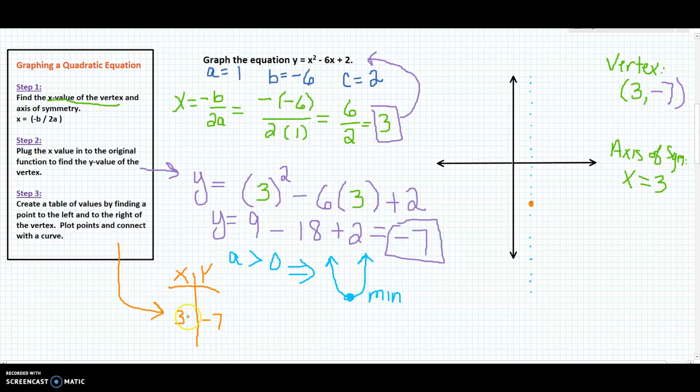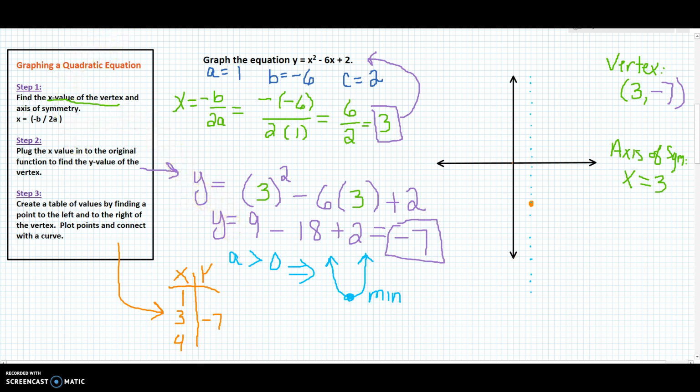I'm going to pick an ordered pair to the left of my vertex on my graph. So that means an x value that is less than 3. So I'm going to pick 1 because that's a pretty easy number to plug in. And I'm going to also pick a value that's to the right of 3. So I'm going to pick 4 just because it's a nice easy number.